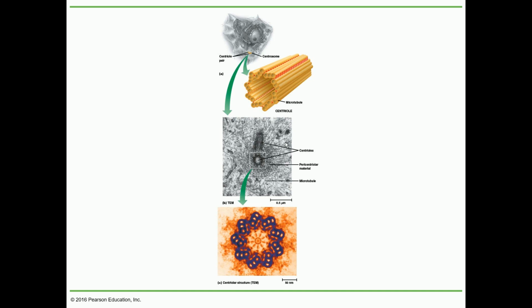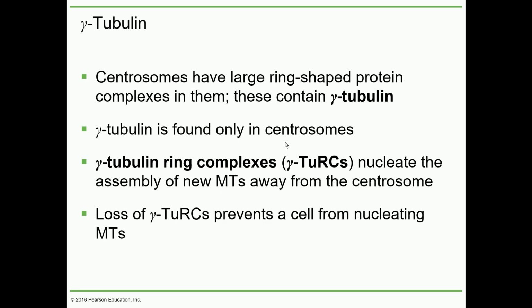And centrosomes have ring-shaped protein complexes in them, and these are called gamma tubulin. So gamma tubulin is found only in the centrosome. So gamma tubulin ring complexes nucleate the assembly of new microtubules away from the centrosomes.